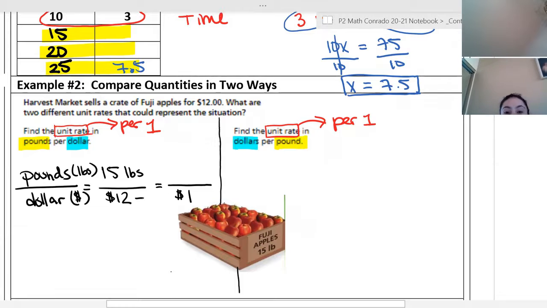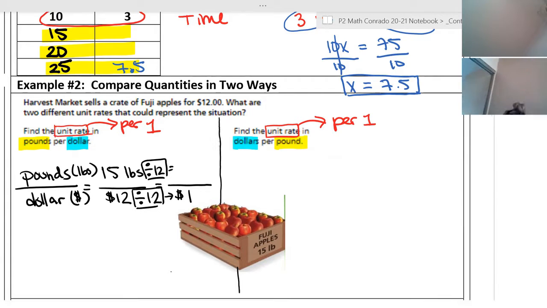So since both of these rates are set up to each other, we want to find our pounds for $1. We divide 12 by 12 to get to 1. Whatever we do on the bottom, we have to do on the top. So we're dividing by 12 on the top. And 15 divided by 12 is 1.25.